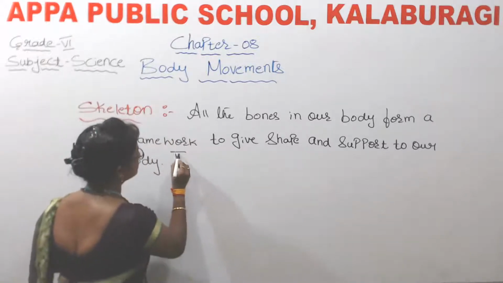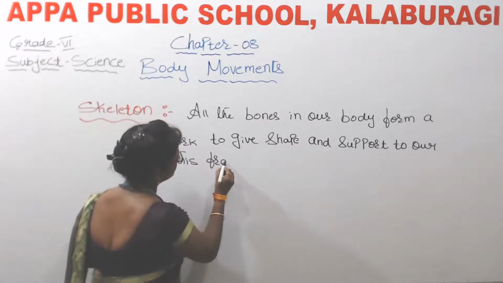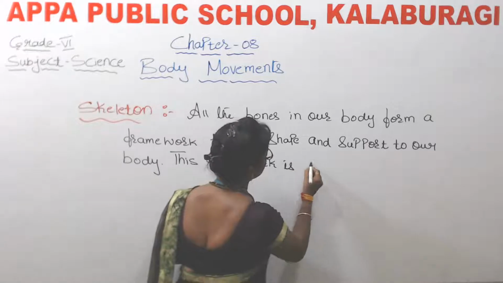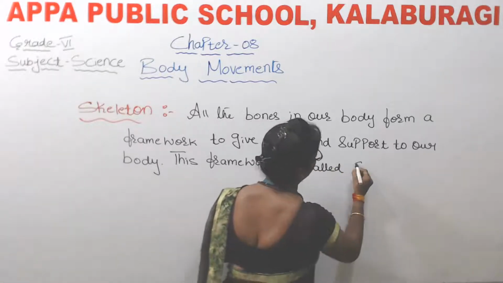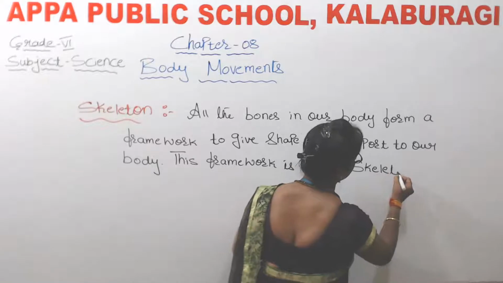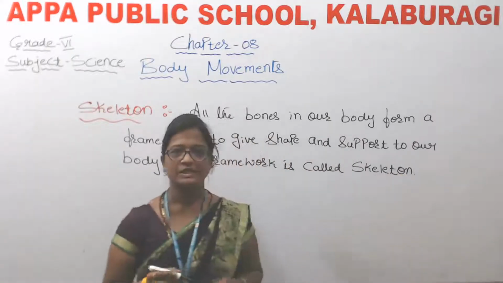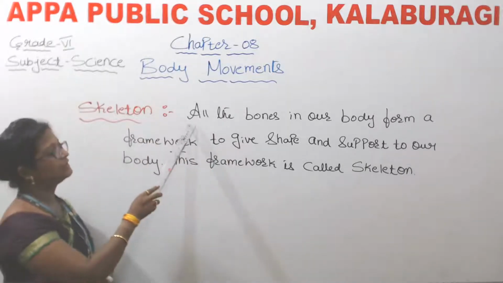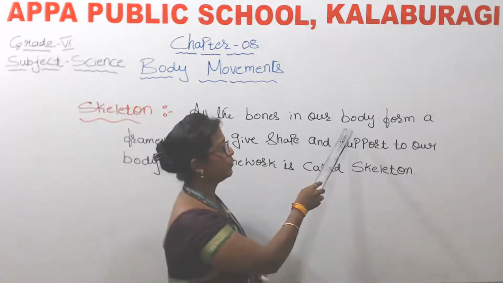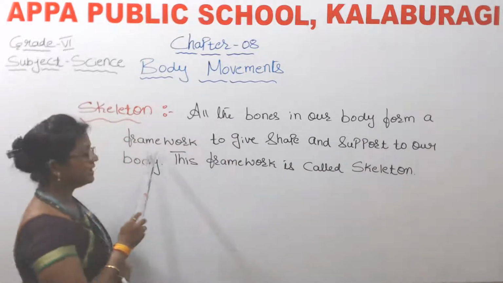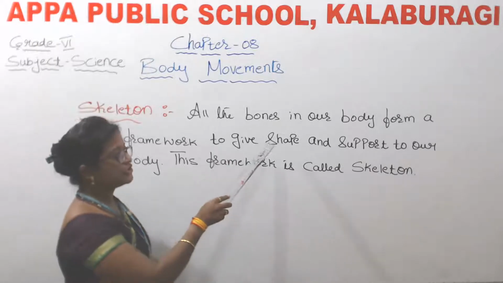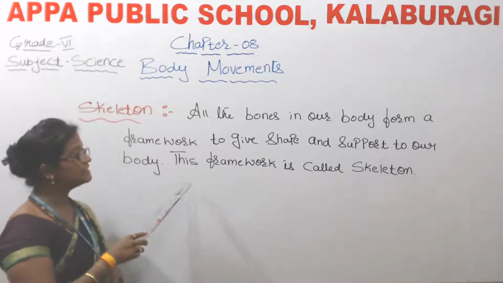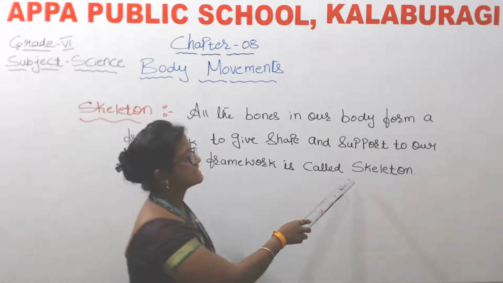So this framework is called, so what do we call this framework? It is called skeleton. Yes, children? So what do you mean by skeleton? All the bones in our body form a framework to give shape and support to our body. So this framework is called skeleton.